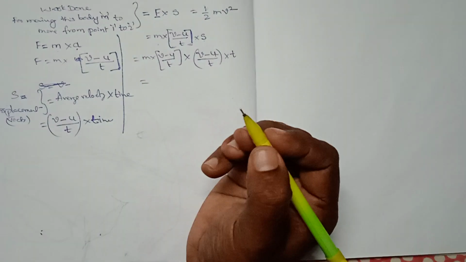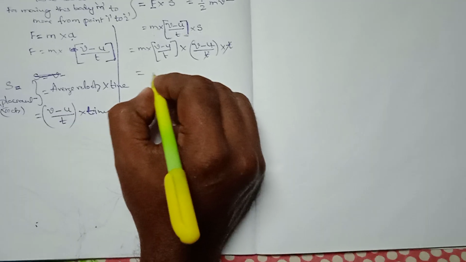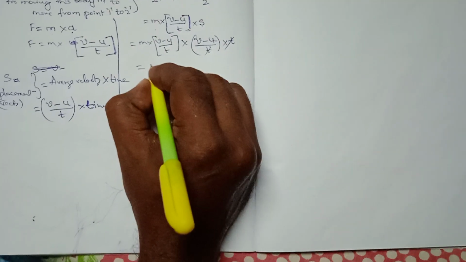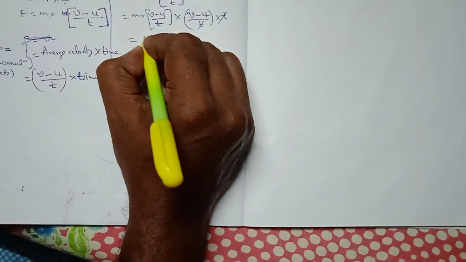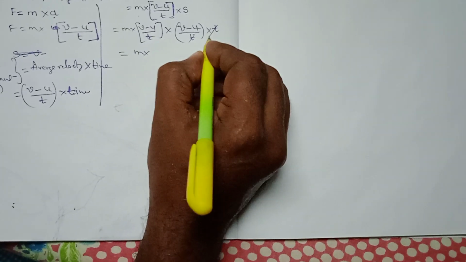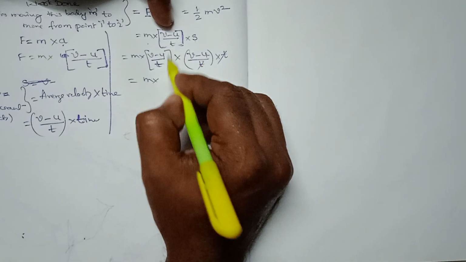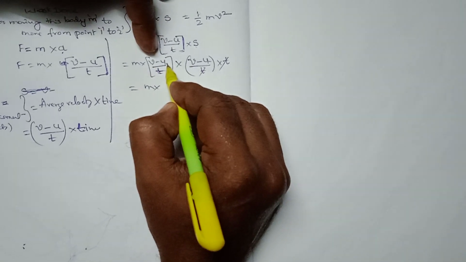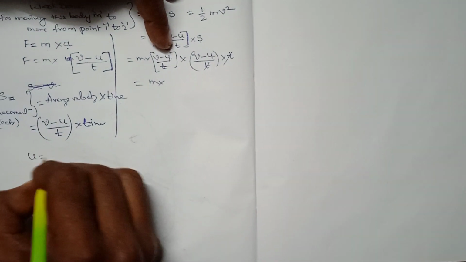Now this t cancels. Mass into final velocity minus initial velocity. What is the initial velocity? The initial velocity is 0.